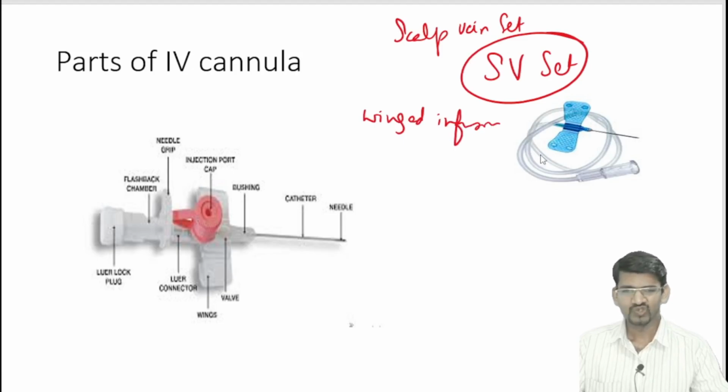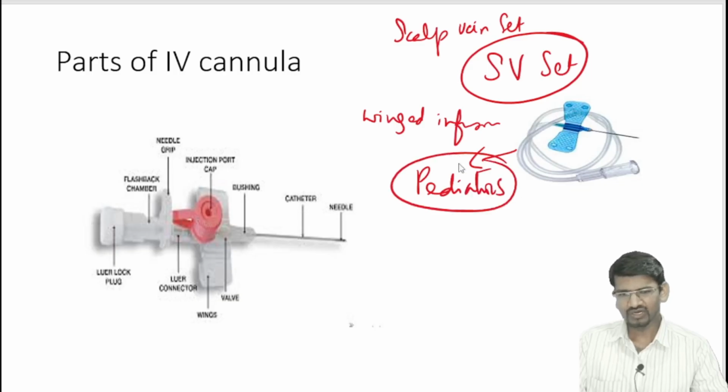This is most commonly used for drawing blood samples, either from a vein or from arteries, and especially in pediatrics where the veins are very small. It is commonly used in pediatrics, or when a single venous access or single puncture is required, such as only one pint of fluid administration, or only for drawing blood samples from the artery or vein.